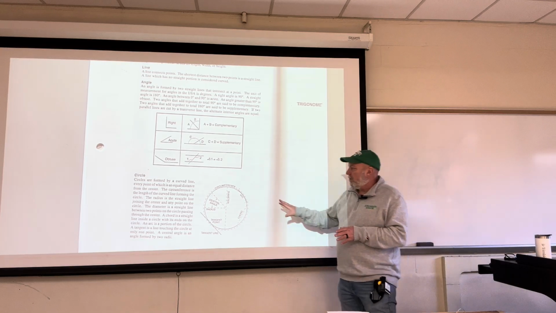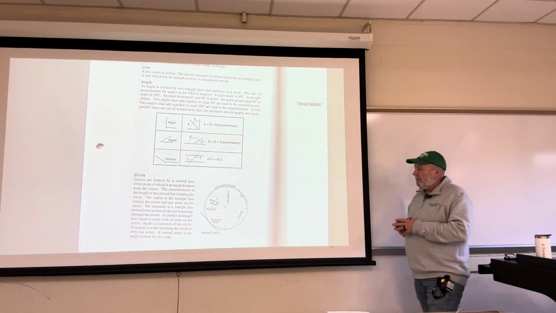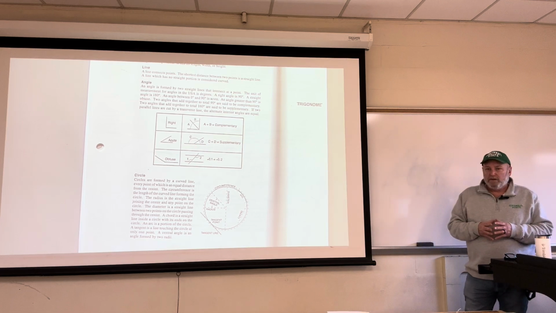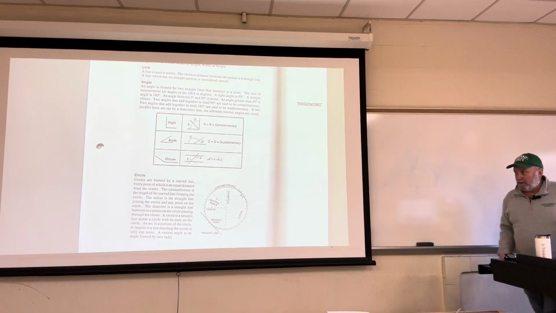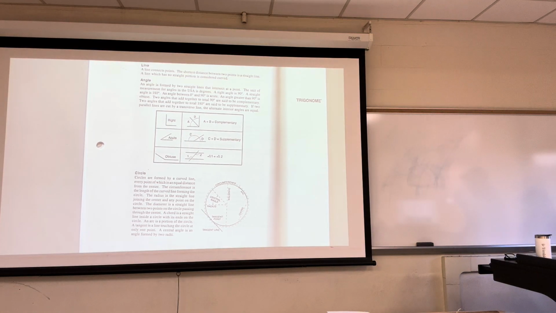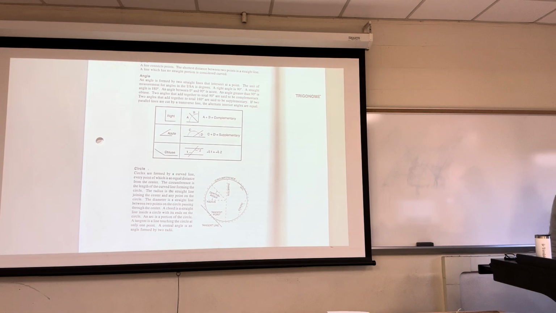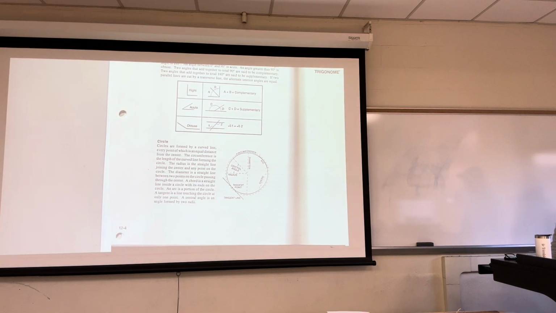Different parts of a circle: the circumference, diameter, central angle, radius, what a tangent line is to a curve. This is literally copied straight out of the book, so hopefully you have your book. This is in 12.4.